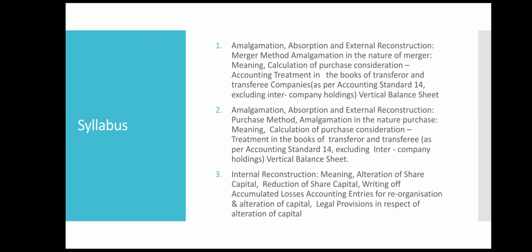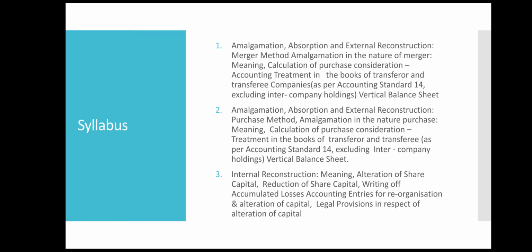So basically in the module 1 we are going to study about merger method of amalgamation. When it comes to amalgamation, it can be done using two methods. One is merger method, second one is purchase method. So in the first module we are going to study about merger method.